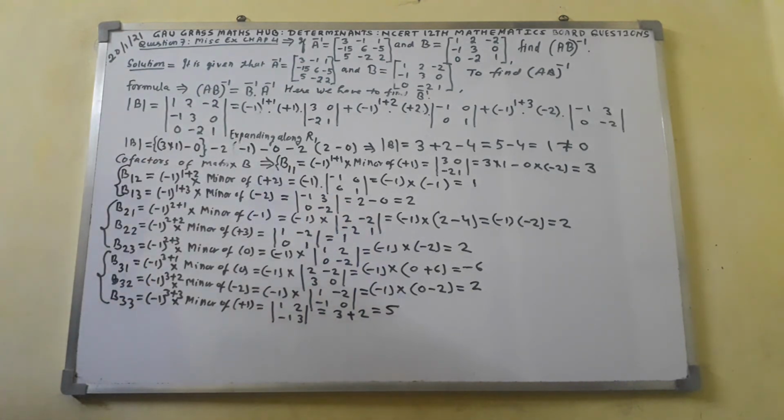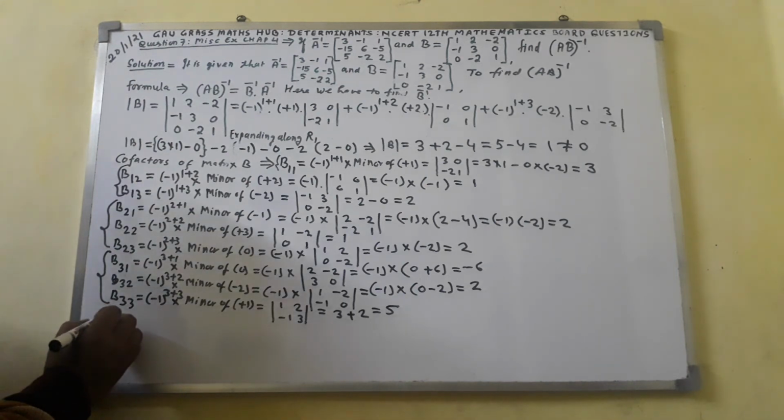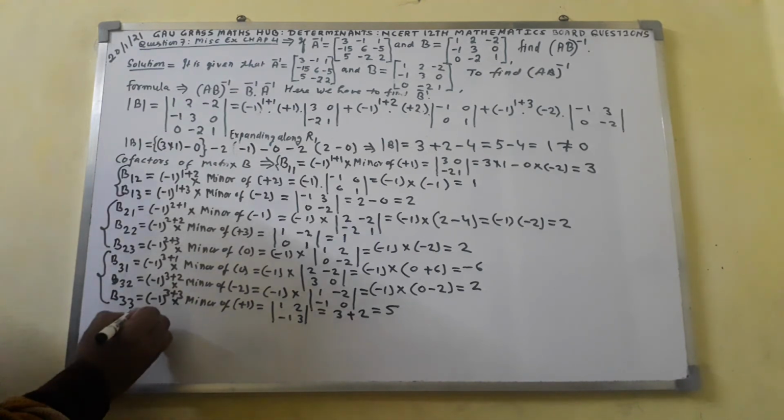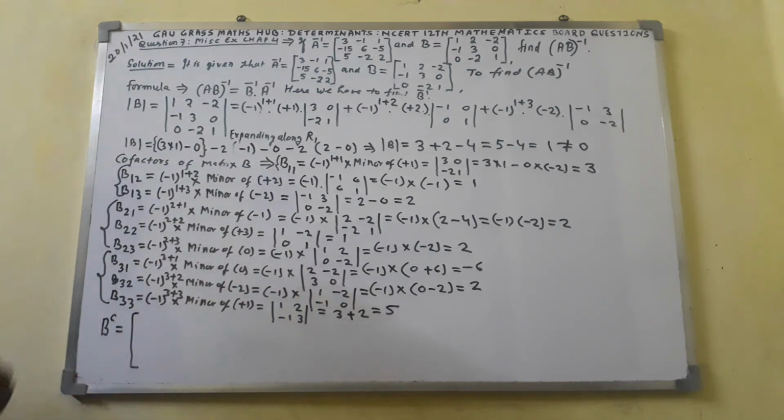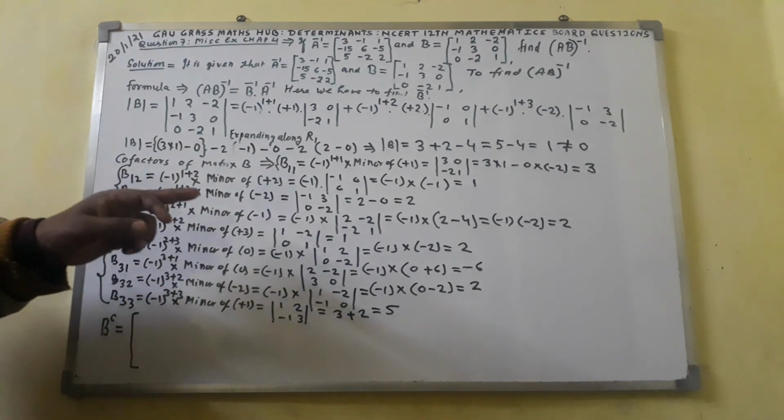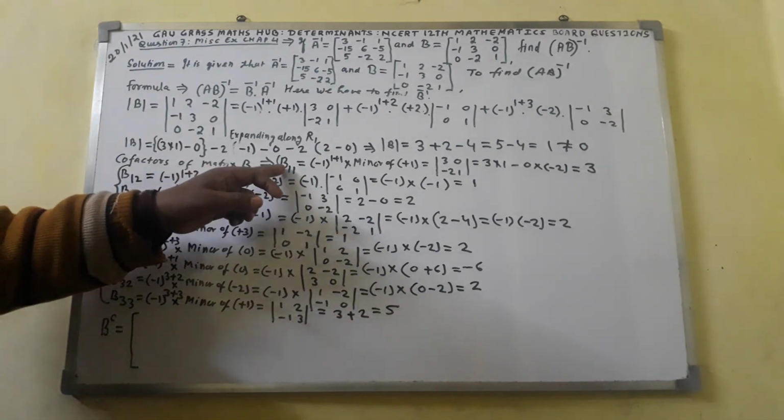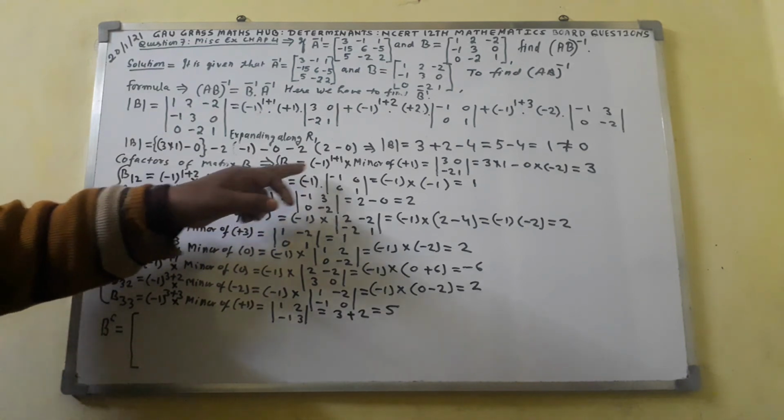Now I can easily get the cofactor matrix of matrix B. So here write cofactor matrix. This is the cofactor matrix of matrix B. So now take out the value of B input double 1. B input 11 you have got as 3 here.